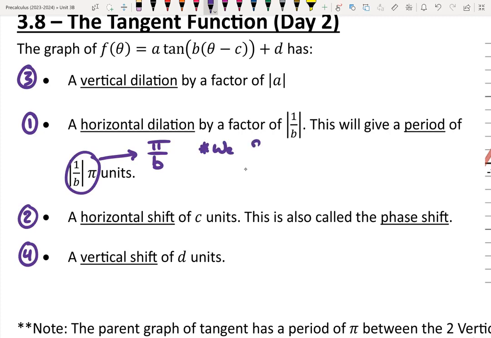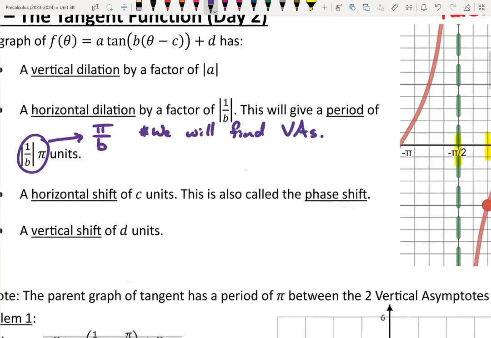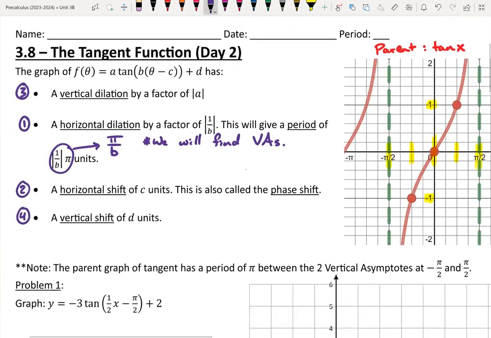We will find our VAs at this point. Now, where are the vertical asymptotes on our parent function of this main period that we're graphing? So more or less plus or minus pi over 2, right? At the positive and the negative pi over 2.